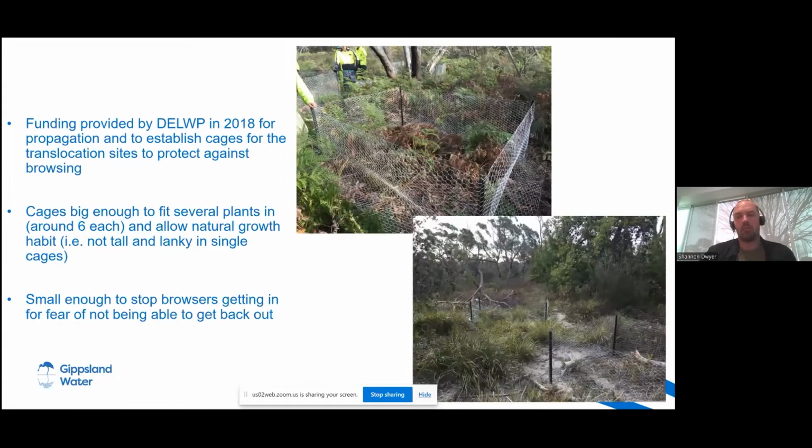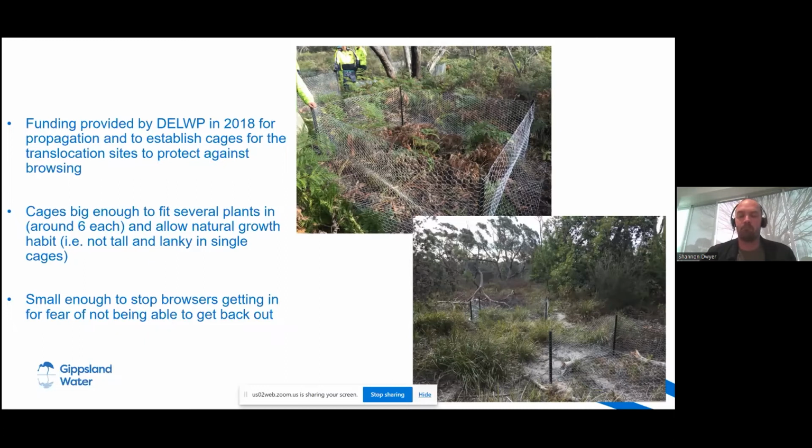As part of this project, we applied to DELWP and were successful in getting a little bit of funding to help with the propagation and the construction of some cages to protect the plants when they're in the field. As you can see from these photos, they're not particularly elaborate in their design or construction, but very effective.